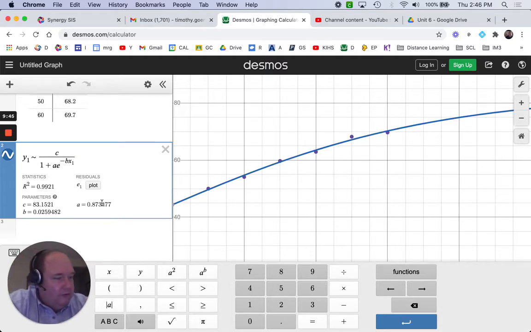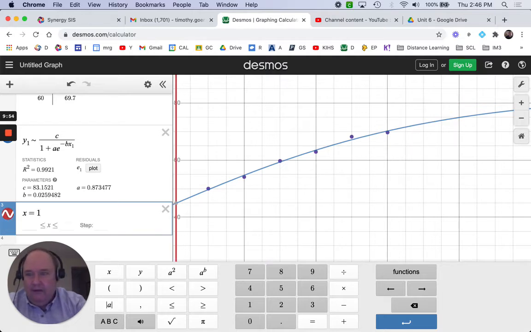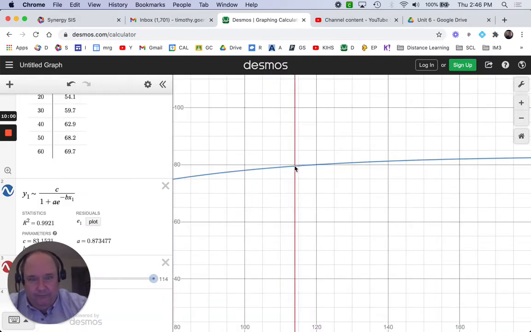And then the question is, what's in 2014? So that's 114 years later. So X equals 114. So at 114 years later, what's the life expectancy?